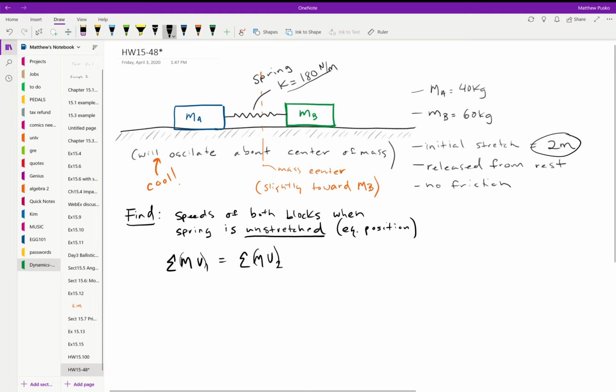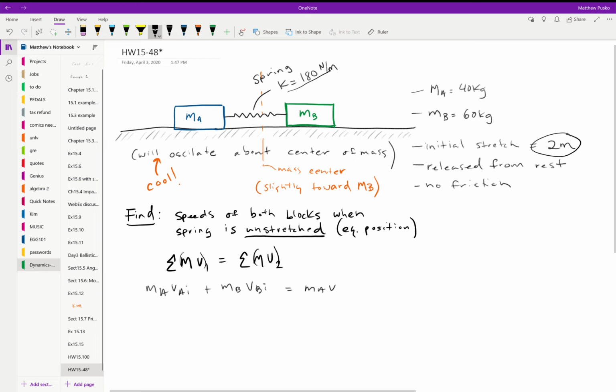Alright, well, let's do that for each object. We have mass A times the velocity of A initial plus mass B times the velocity of B initial is equal to, they are attached, but they move separately with different velocities, so let's keep it that way.